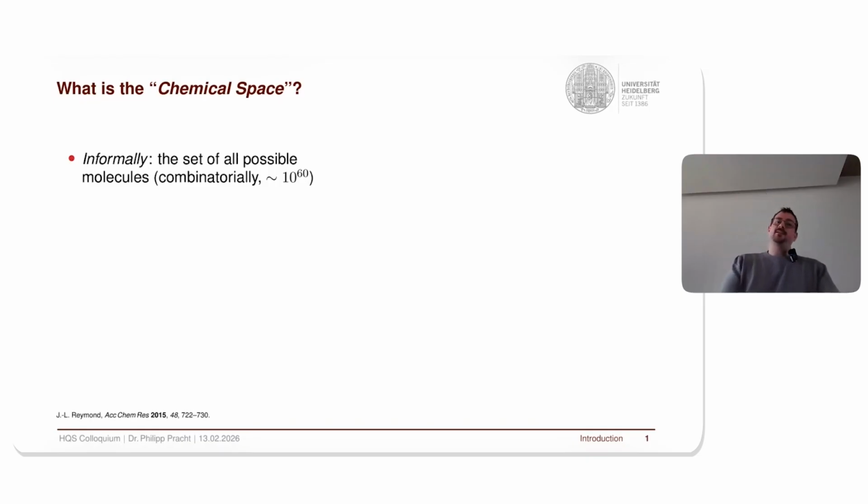Informally, you can assume that chemical space is the entirety of all existing molecules. A number that you will find in literature is 10 to the power of 60 different molecules. This is a combinatorial estimate from this guy you see on the lower left, Jean-Louis Reymond, who is the chair of chemoinformatics in Bern.